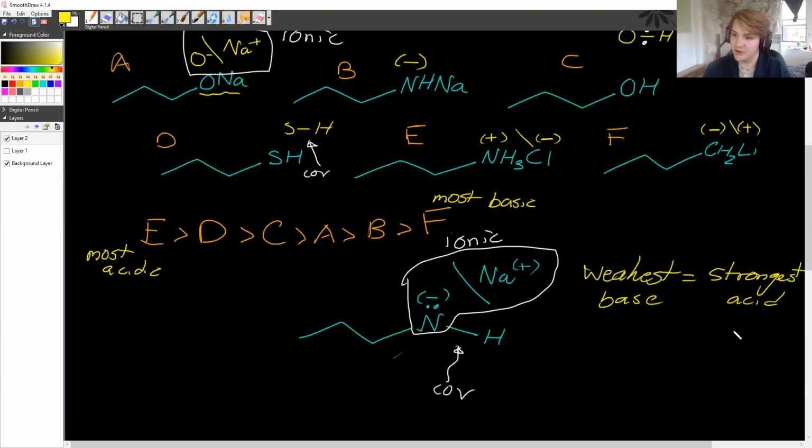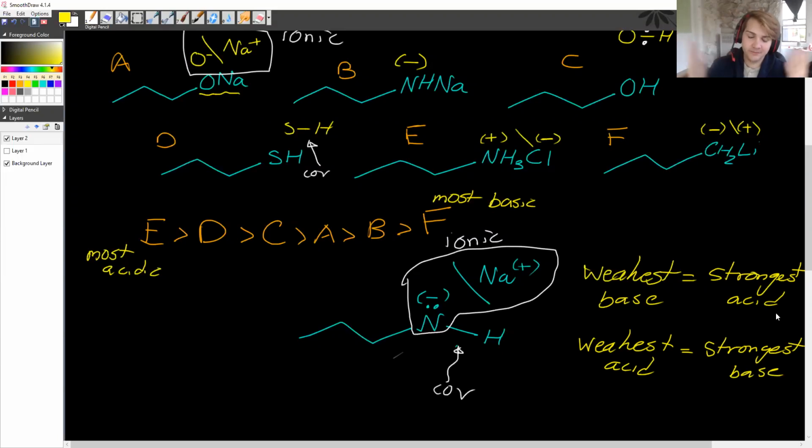So they're opposites of each other. If you're being asked what's the weakest base, we're essentially saying what's the strongest acid. Well, what if they say what is the weakest acid? The weakest acid is the strongest base, and so we're just reversing our thought process. That's all it is. What if it says the most stable base?